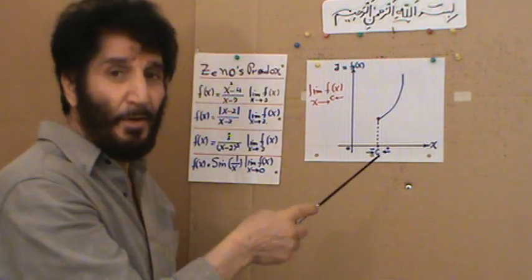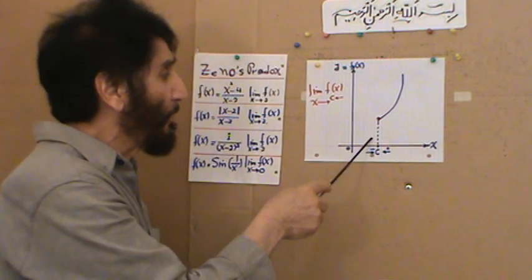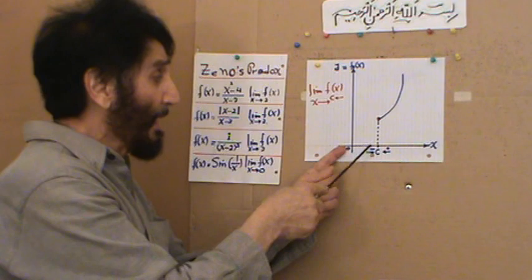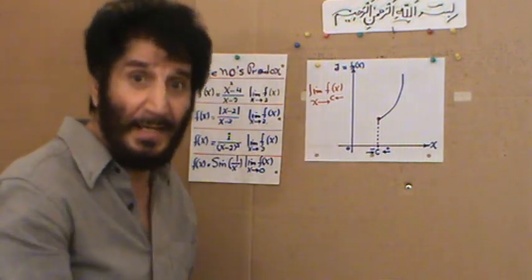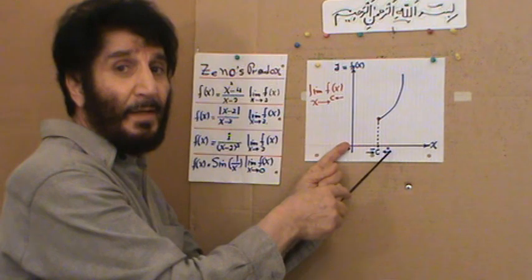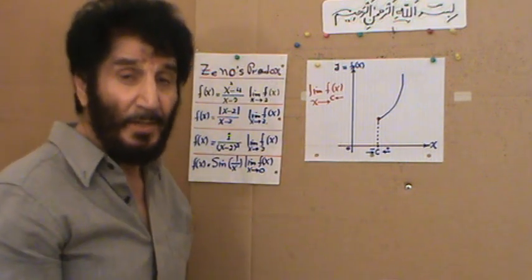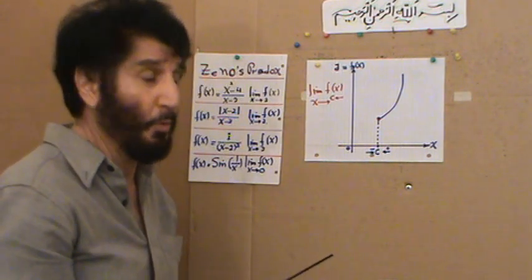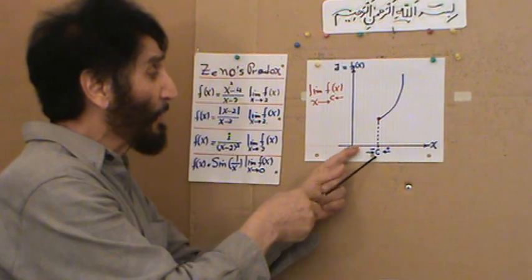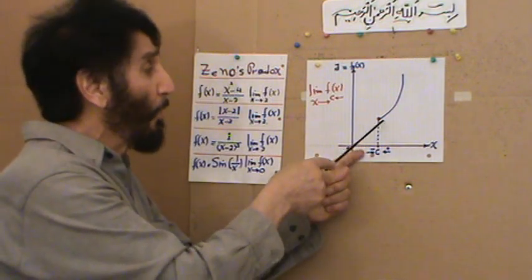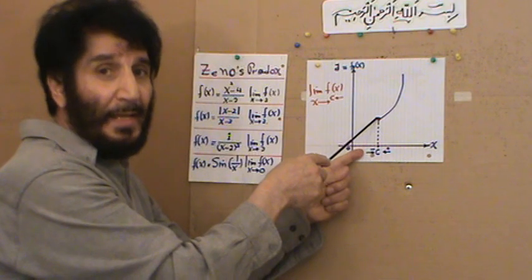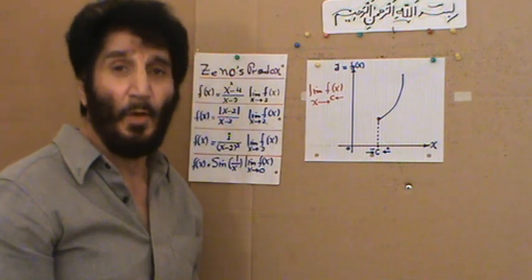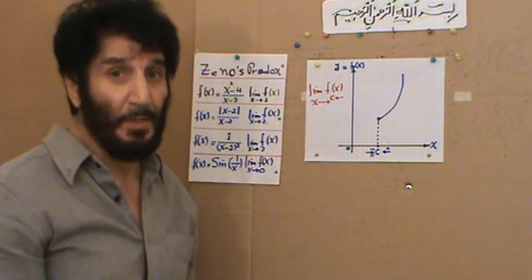But here we cannot, because to the left, when we approach 0, the function is not defined, there is no graph, you can see that. So in this case, there is nothing here, we can say that the limit does exist, but only from one side. One-sided limit, we call it. The other one, we could not say one-sided limit, because the function was defined on both sides of 2. But in this case, the function is not defined to the left of c. So we can say, yes, the limit does exist, and that is very important to mention when we come to the topic of continuity of a function.